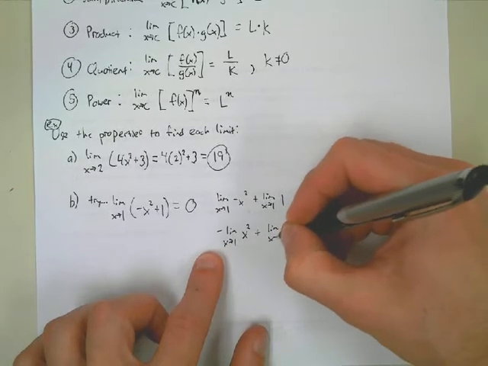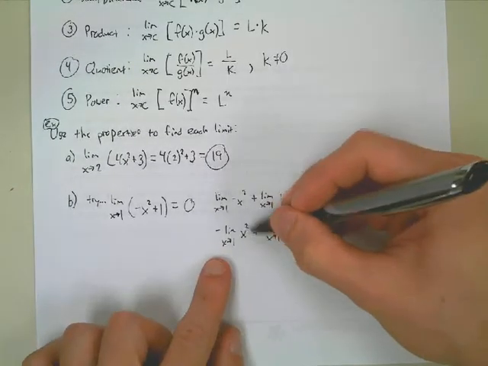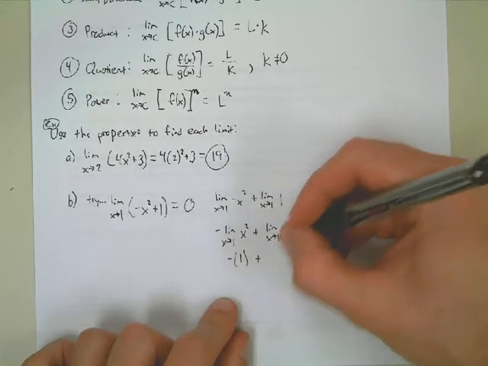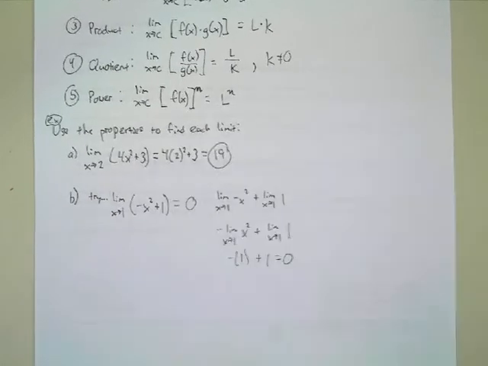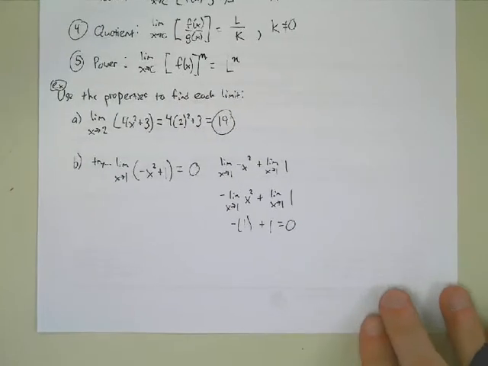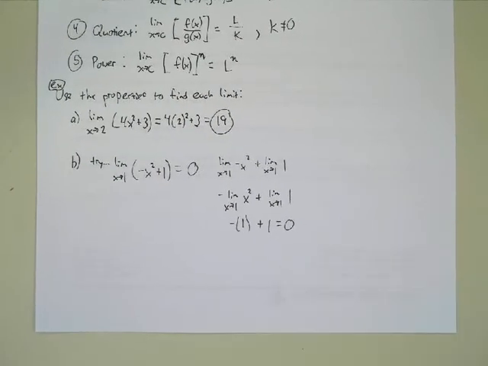Now I can do the direct substitution, which makes it negative 1, and then that makes it 1, and then 0. That's a lot of work, but I'm just trying to show you very explicitly, using all the properties, how we're taking advantage of that.